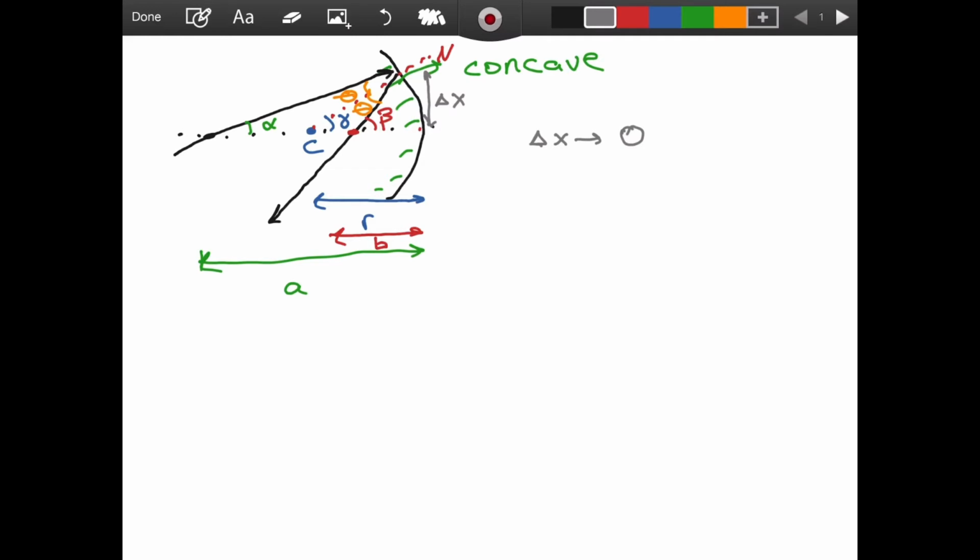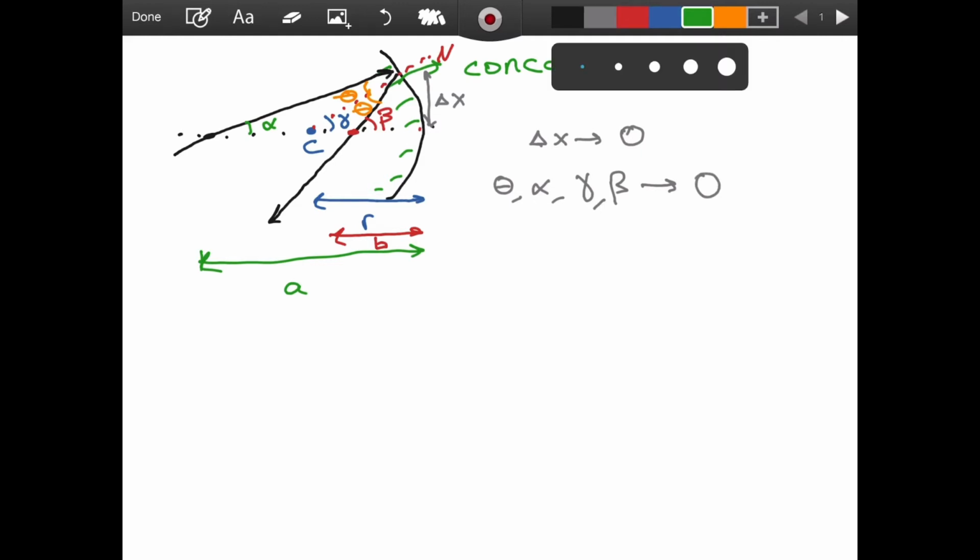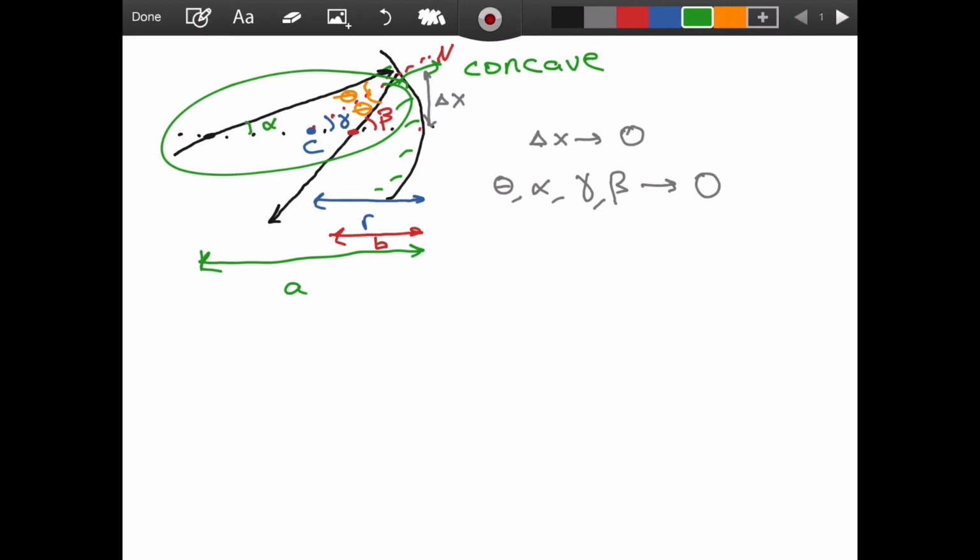Well, this means that all our angles, theta, alpha, gamma, and beta, are close to 0. If delta x goes to 0, then you can picture in your head that these angles also go to 0. They get closer and closer to the horizontal, to the principal axis.